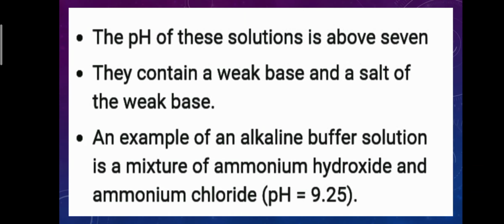The pH of basic buffer solutions is above 7. They contain a weak base and a salt of the weak base. An example of an alkaline buffer solution is a mixture of ammonium hydroxide and ammonium chloride, and its pH value is equal to 9.25.